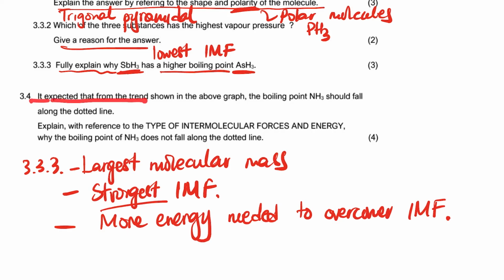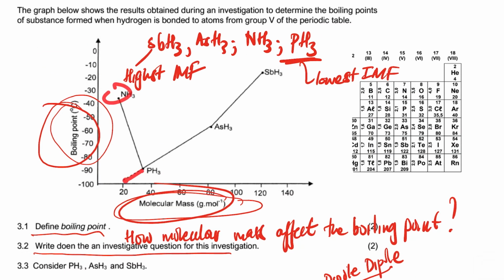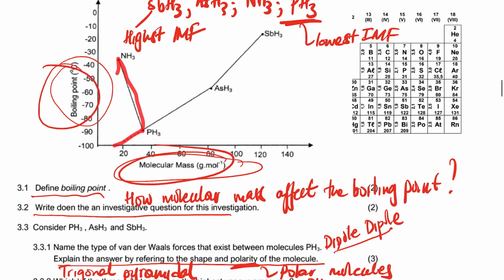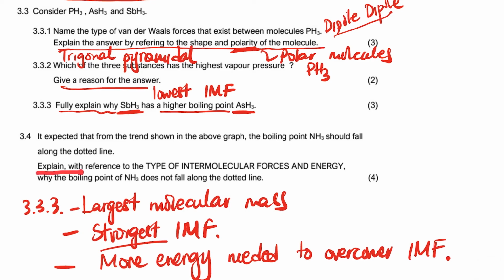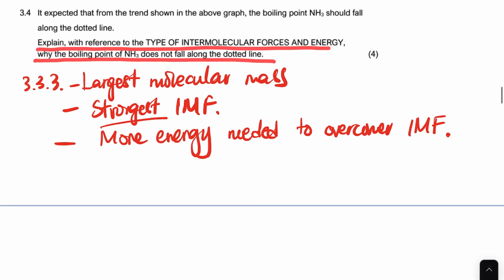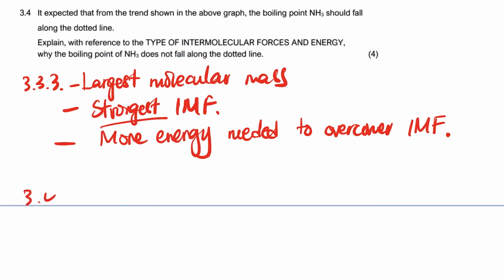It is expected that from the trend shown above, the boiling point of NH3 should fall along the dotted line. It's expected to go there. But why is it like that? Instead of going straight like this, it's going like that. It says refer to the type of intermolecular force and explain why NH3 does not fall there. What is important there, guys? You will say NH3 has hydrogen bonding.